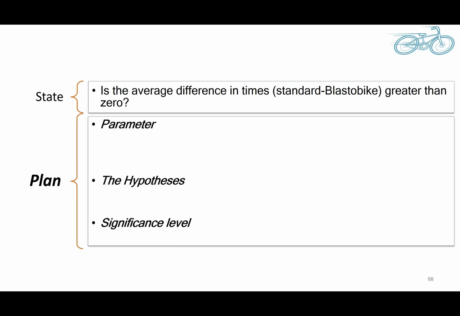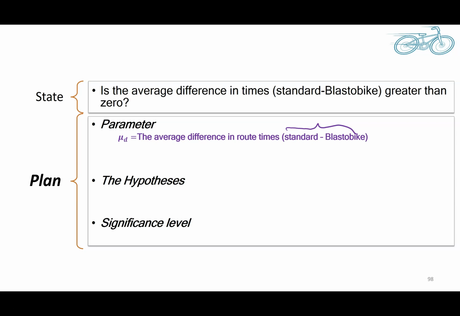So my parameter, first off, it's not just a mean, it's a mean difference. So mu d, d for difference. It's the average difference in route times. And I really can't stress enough, it's super important to make sure that we know what order you're subtracting in. So it's very specifically standard minus Blasto bike.